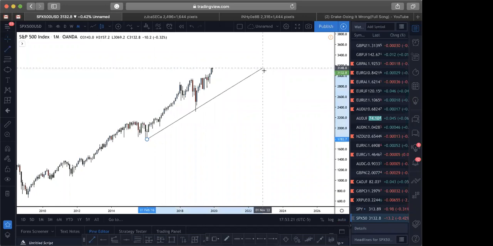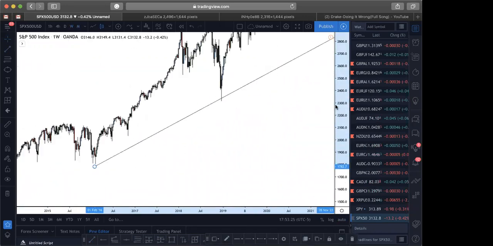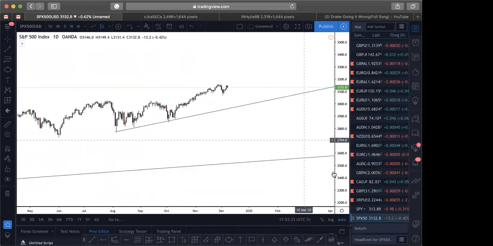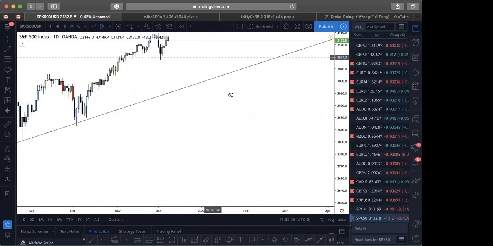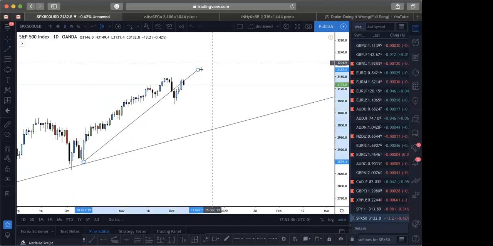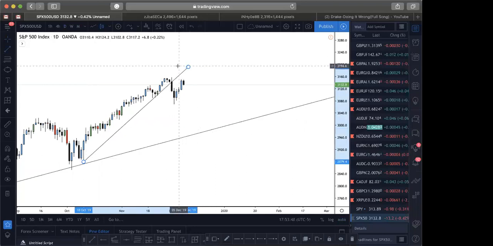You can draw a trend line on the monthly, we can draw a trend line on the weekly, on the daily. We can draw a trend line here. Well, the trend line is going to look more like this because this was a swing high.